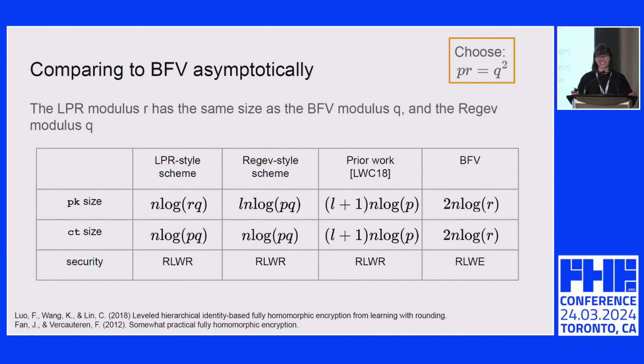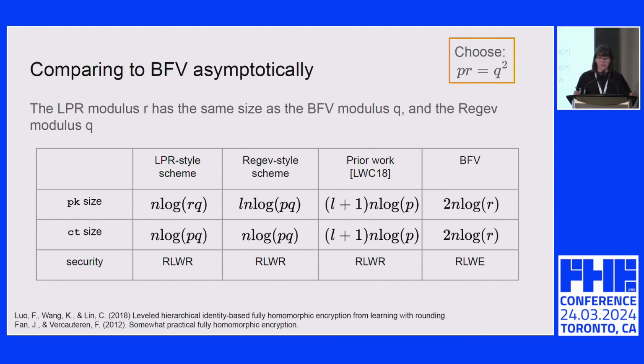Here you can see a rough idea of what size the public keys and ciphertexts are. You can see the ciphertexts that we achieve are slightly smaller than the BFE ones, and the LWE ones are asymptotically larger. This LWC 18 is a prior work which is based on the GSW construction.